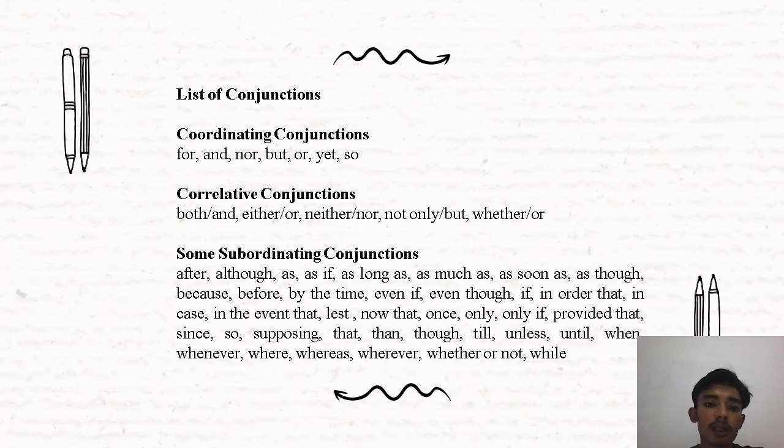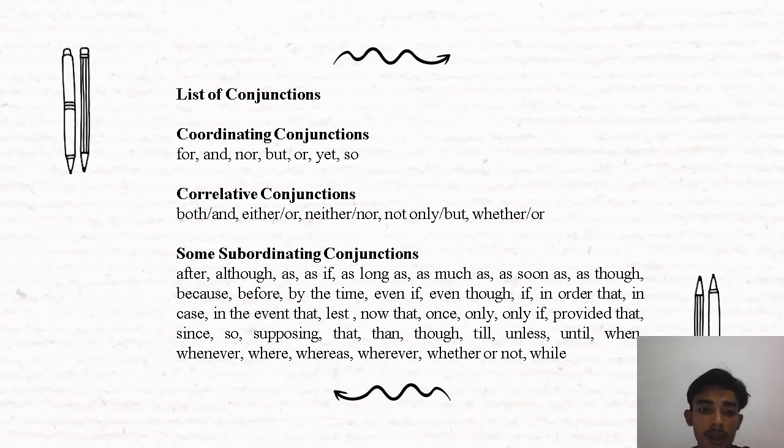List of conjunctions. Coordinating conjunctions: for, and, nor, but, or, yet, so. Correlative conjunctions: both and, either or, neither nor, not only but, whether or.